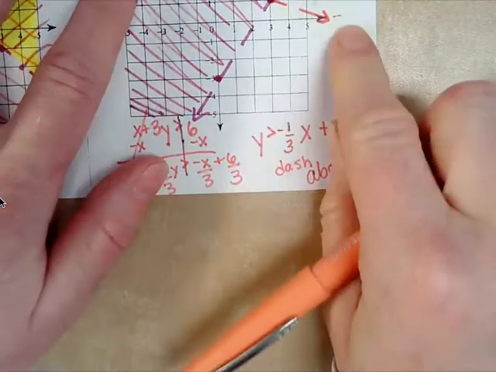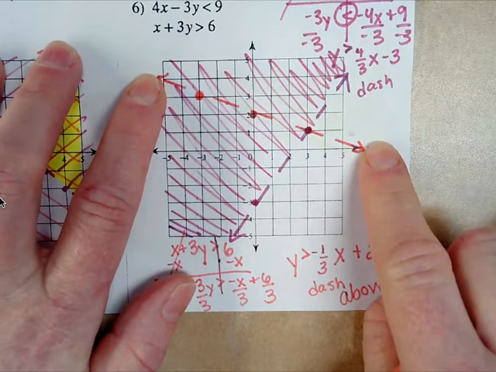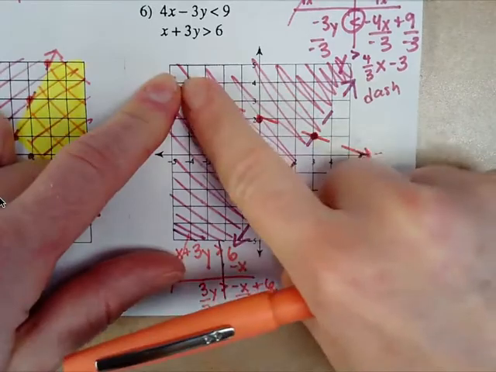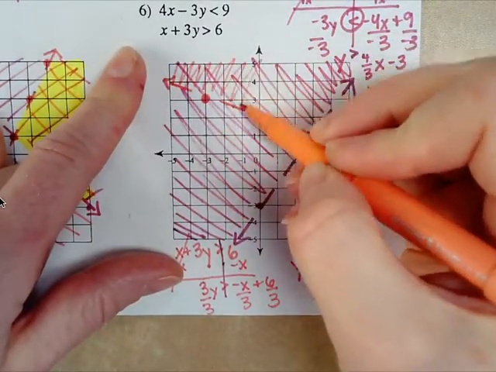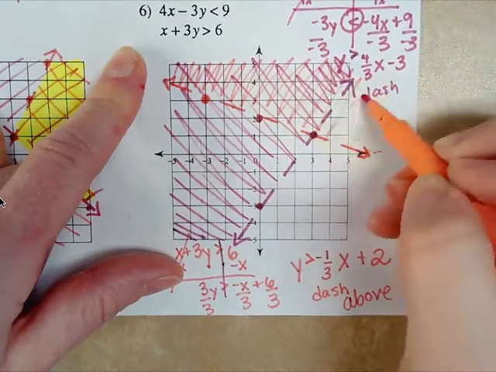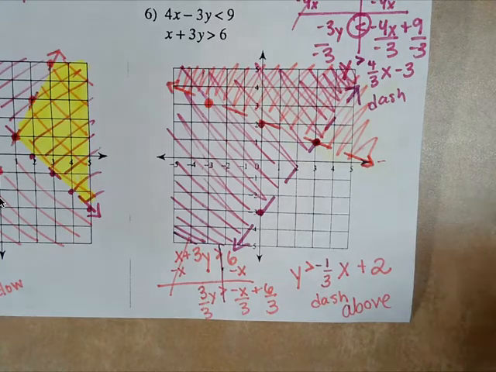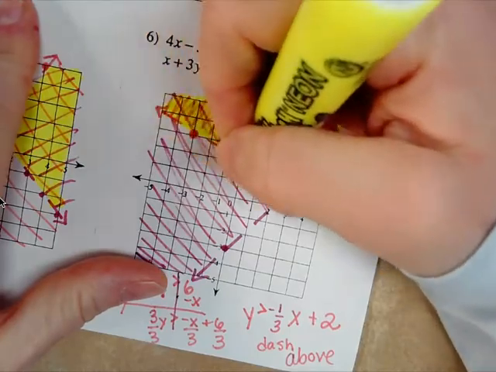So airplane arms, where would your head be if these were your arms sticking out? It'd be above. So if you look at this line, above, right here. And so the double shaded area is your solution.